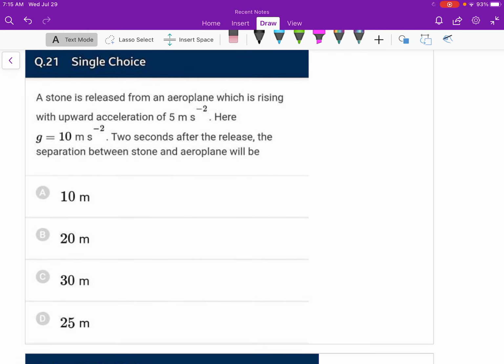A stone is released from an aeroplane which is rising up with an acceleration. 2 seconds after the release, find the separation between stone and aeroplane. Since we are interested in separation, we'll solve relative to the aeroplane. So initial velocity of stone relative to plane is 0, and acceleration of stone relative to plane is a_S minus a_P. a_S is g downwards, 10, plus 10, and a_P is 5 up, so minus 5.